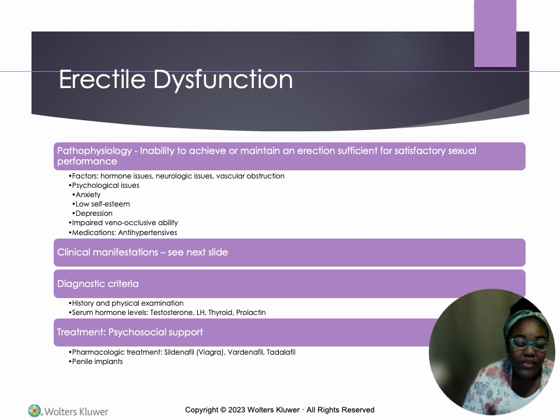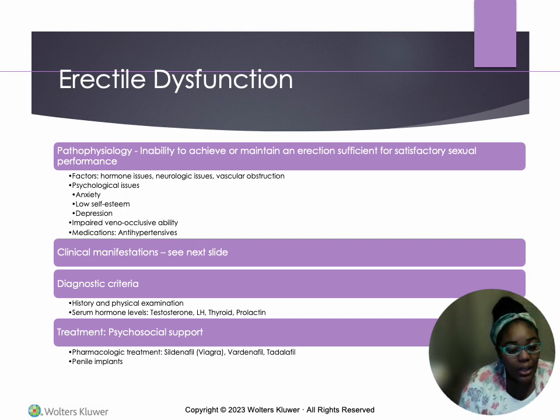Next, we'll talk about erectile dysfunction, and this is the inability to achieve and or maintain an erection sufficient for satisfactory sexual performance. So there are different factors that affect erectile dysfunction, such as hormonal issues, neurological issues, vascular obstructions.